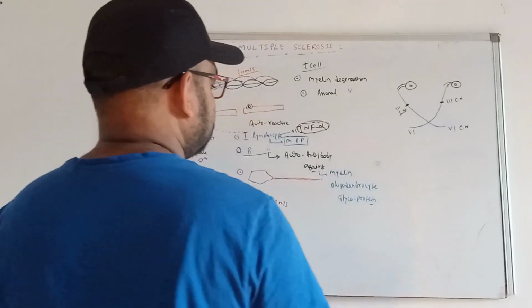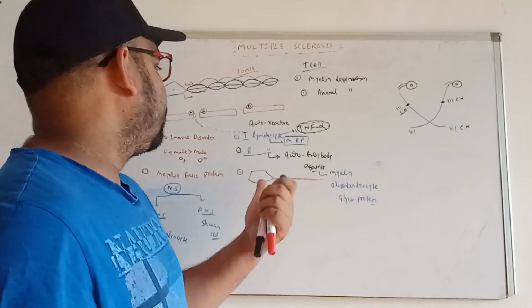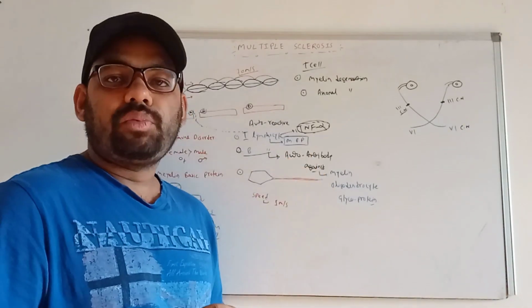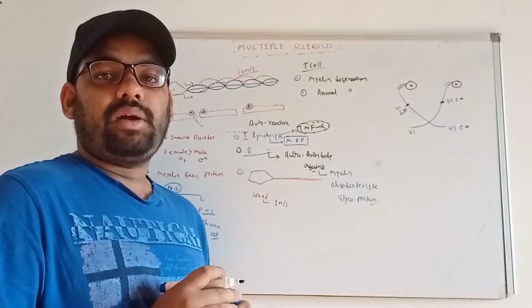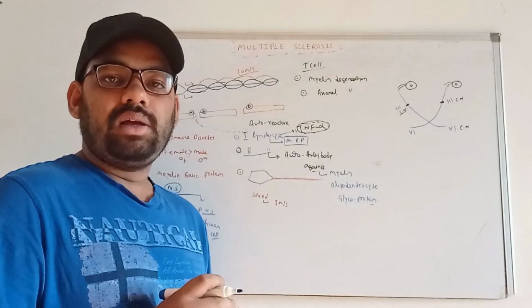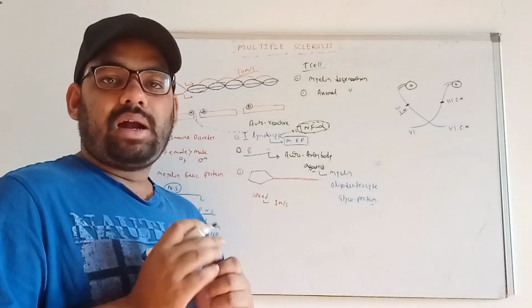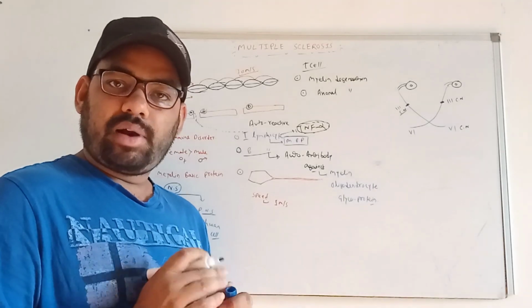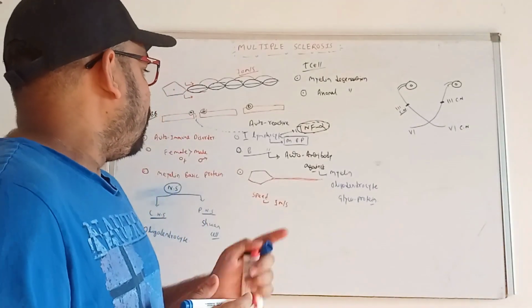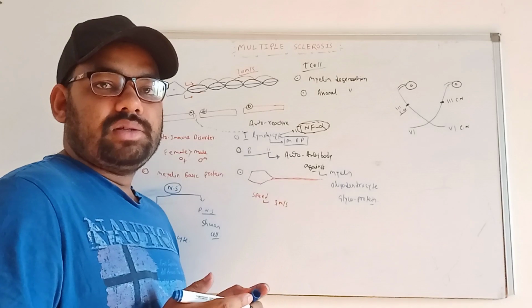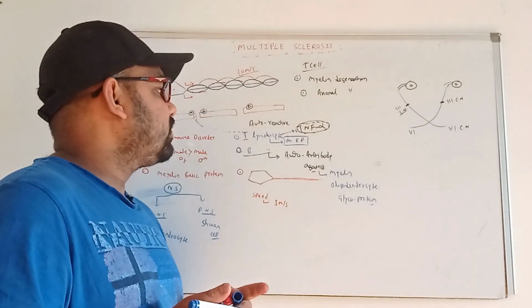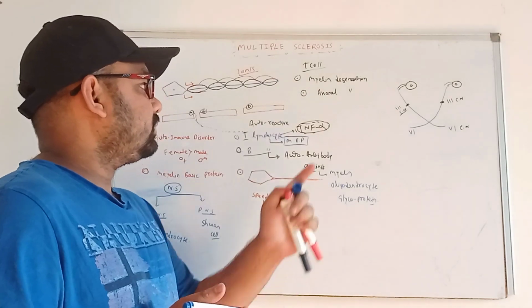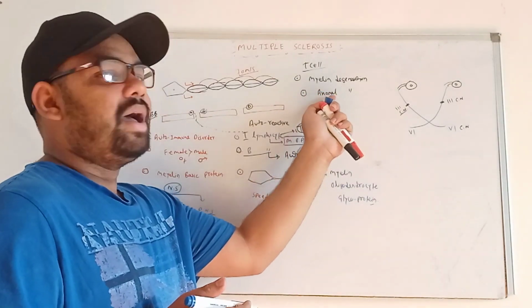Okay. So what did I say? What is the role of the T lymphocyte? At first, the T lymphocyte will attack the endothelial cells of the blood-brain barrier. As a result, the permeability of the blood-brain barrier will increase, right? The second thing over here, once the permeability is increased, the products of the autoreactive T cells will cause further damage within the myelin and also within the axons.